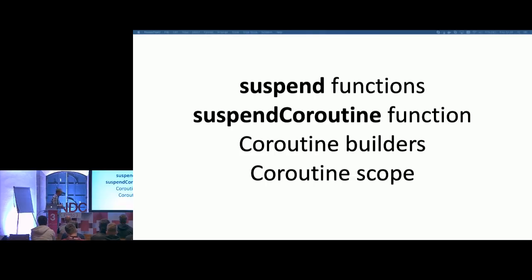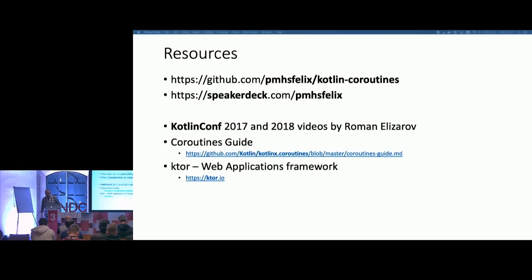And finally, perhaps one of the most important concepts, and one of the concepts that is most different from the one provided by async-await, is the concept of coroutine scope. The idea is that unless I'm using a global scope, everything runs bound to a scope, and that scope implies propagation of cancellation.